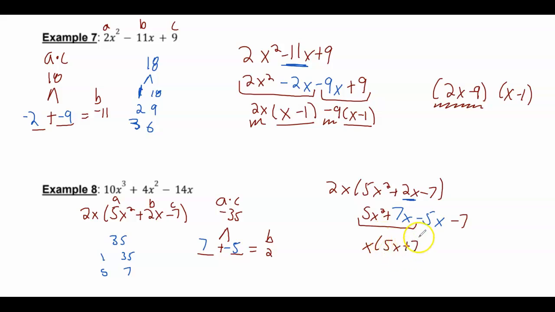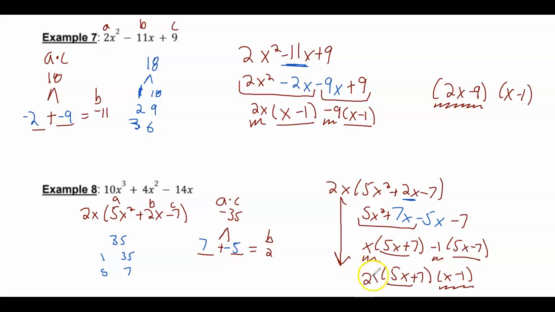I'm factoring out an x. Factoring out a negative 1. My matching. My leftovers. And I can't forget to write and bring down this 2x that I originally had in the beginning on the outside.